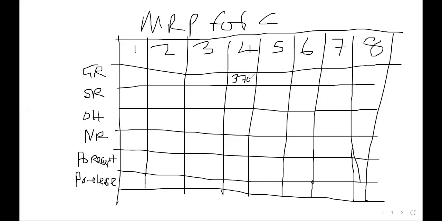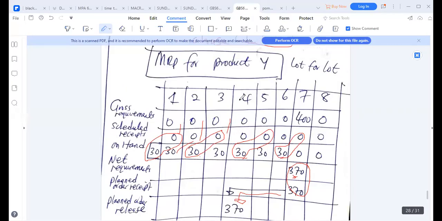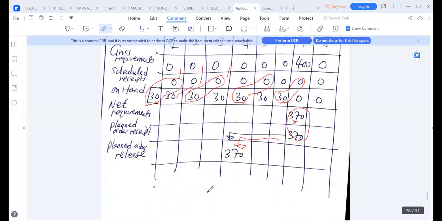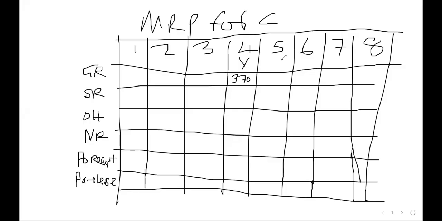So this is C from Y, 370. Then there is again the C from the structure.